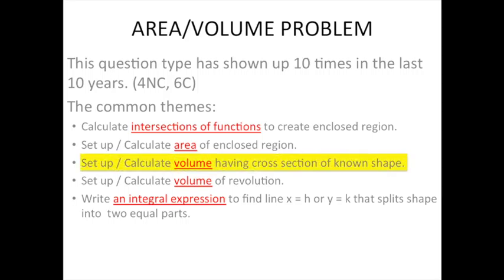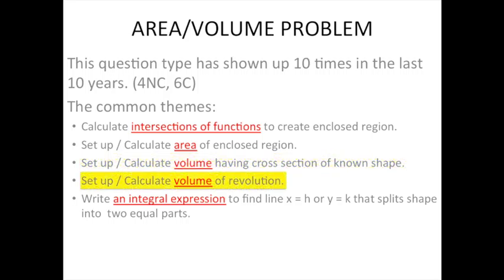For volume, in either instance, remember volume is found by integrating an area function. If we're revolving, the expression is going to be pi r squared, where r is the function. If we have a known cross-section, then we have to develop an area function using a geometry formula for that specific shape.